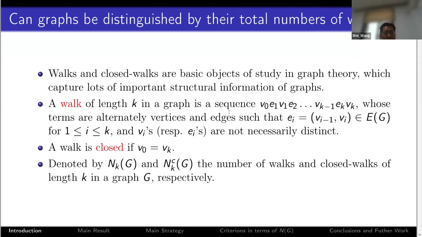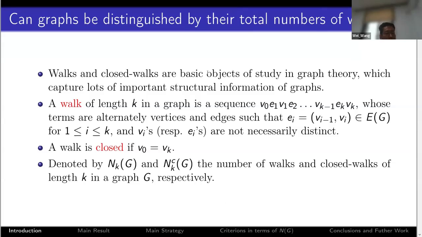Walks and closed walks are very basic objects of study in graph theory, and they capture a lot of important structural information of graphs. For example, the number of walks of length 0 is just the number of vertices, and the numbers of walks of other lengths have some structural meaning.